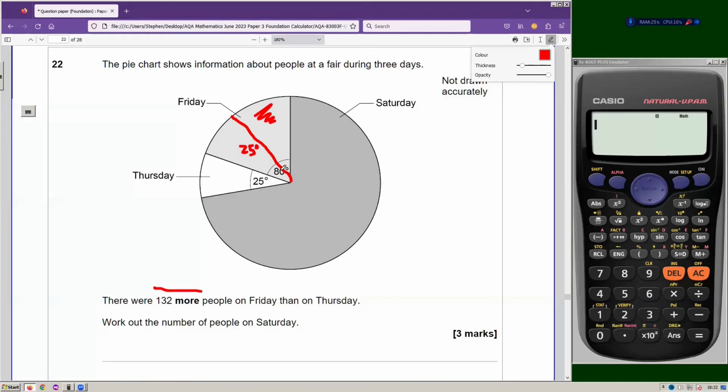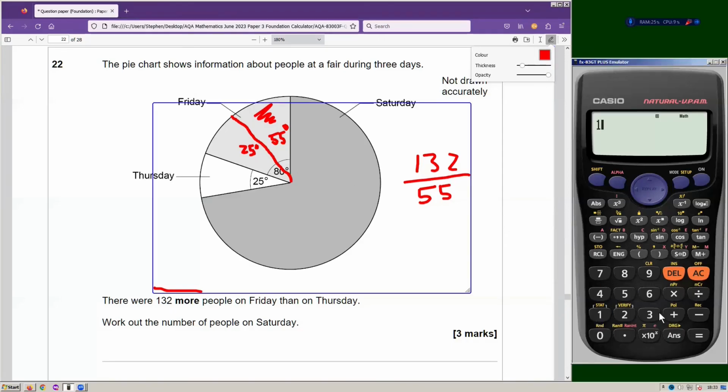So 80 minus 25 is 55. So 55 degrees represents 132 people. So we can take 132, divide it by 55, and that will give us the number of people per degree, because we've got 55 degrees there. We know it's 132 people.